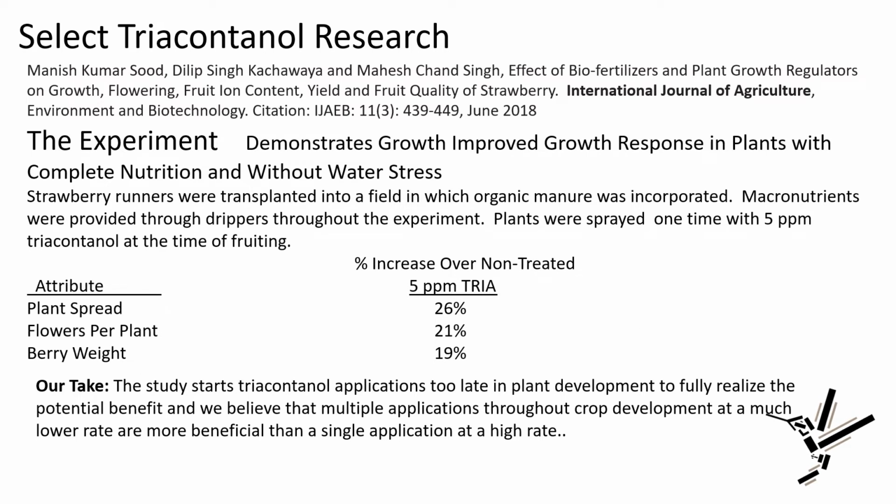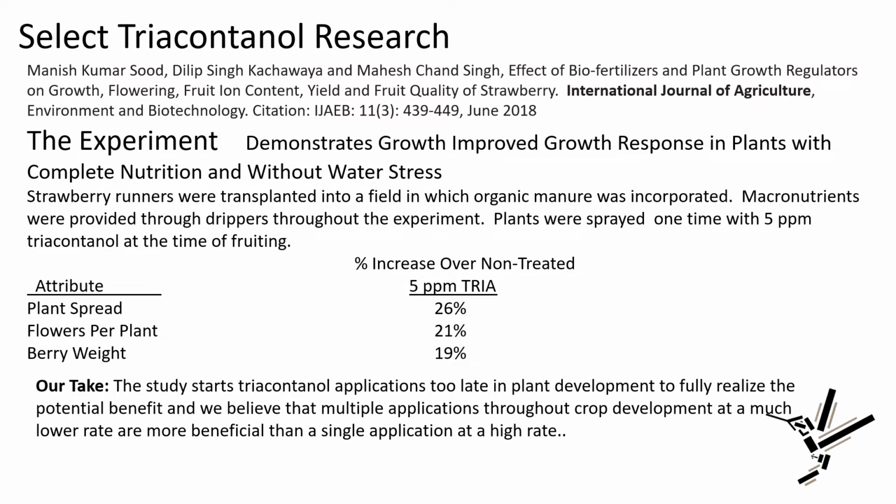So in this study published in the International Journal of Agriculture, we see that even with plants that are given all the nutrition they need and are watered so that they're not subject to drought stress, you can still get a very good growth response from an application of tricontanol. In this case, they had one treatment of tricontanol at 5 parts per million, at the time the plants first started fruiting.